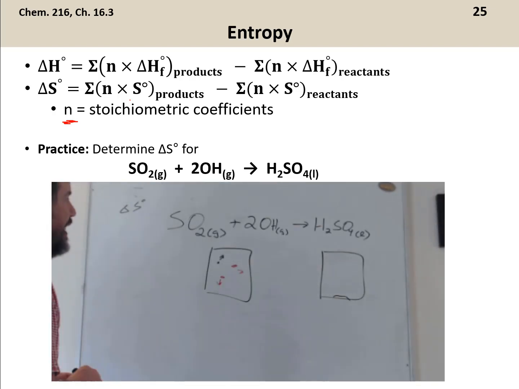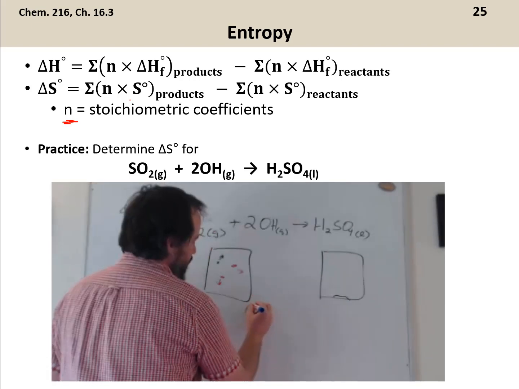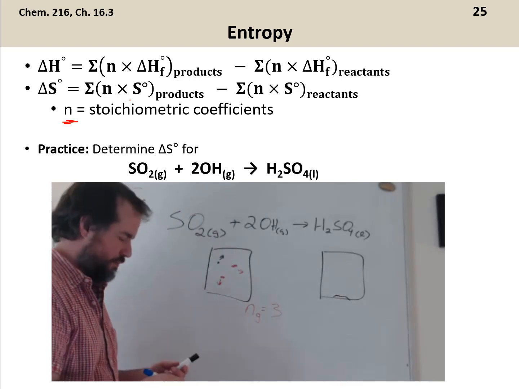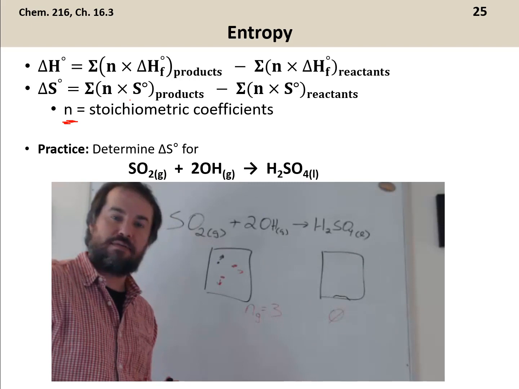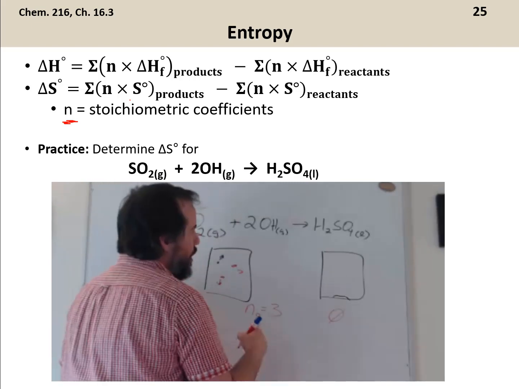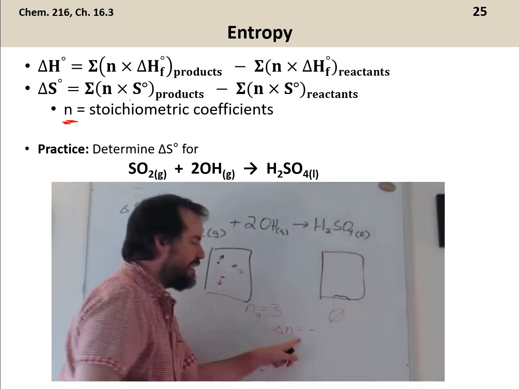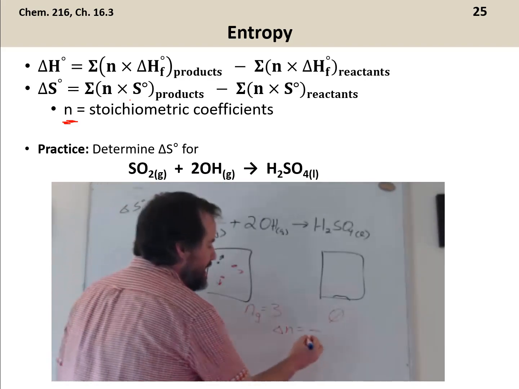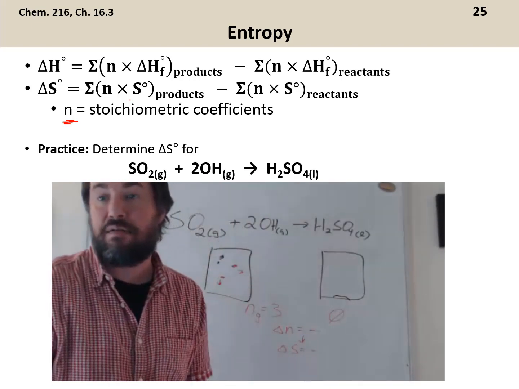So I could say, here I have 3 moles of gas, whereas over here, I have 0 moles of gas. So in this case, my delta N is negative. I'm losing moles. So that means my delta S is also going to be negative.